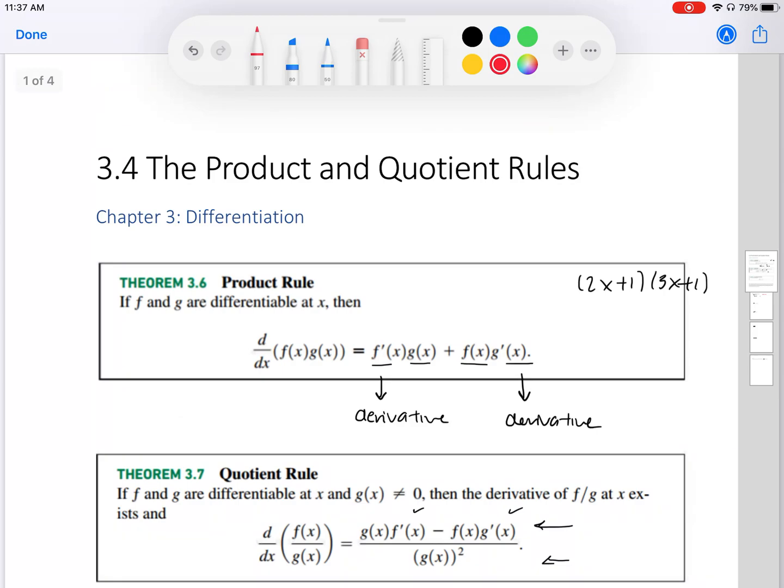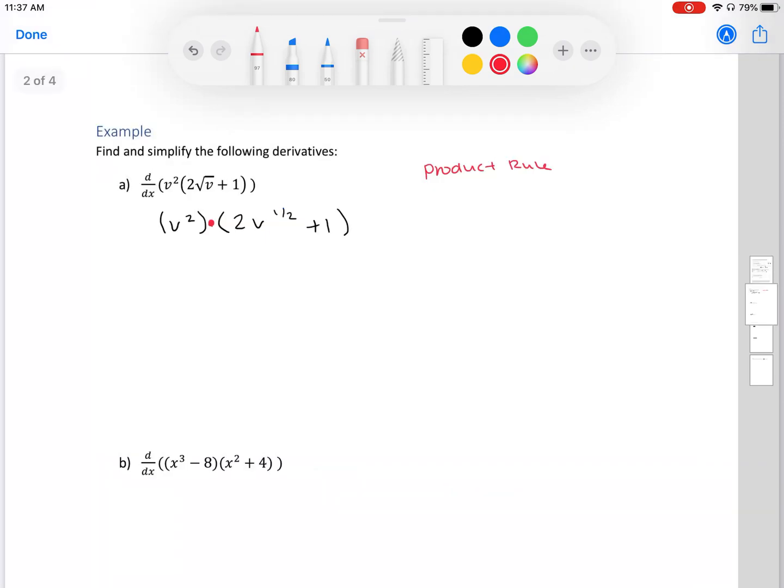And just to remind you, your product rule says you're going to take the derivative of the first times the second plus the first times the derivative of the second. So that we have f prime g plus f g prime. If this is your f and this is your g, let's go ahead and use our formula.